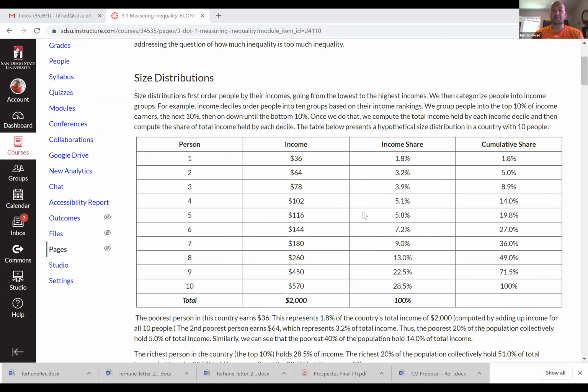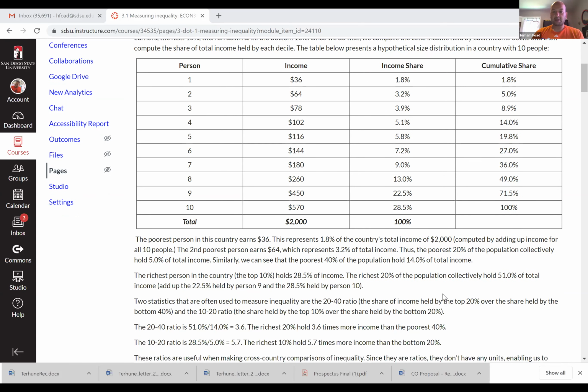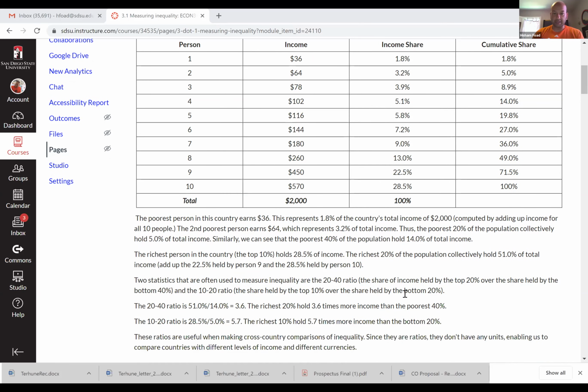And then the poorest 40%, we know, hold 14% of the pot of income. So we know that the richest 20% hold 51% of income. The poorest 40% hold 14% of income. If you take the ratio of those two, then what we end up with is that the ratio is 3.6. The richest 20% hold 3.6 times more income than the bottom 40%.